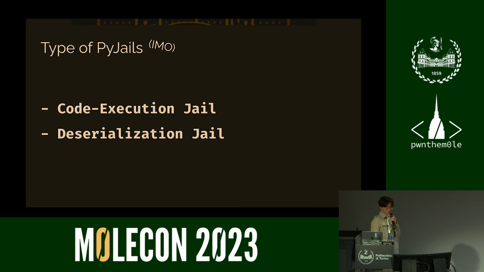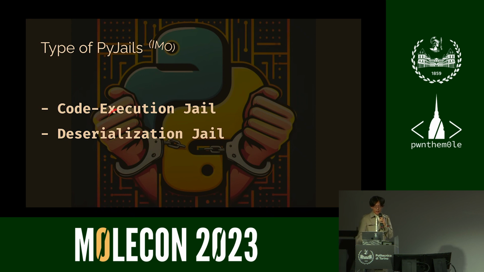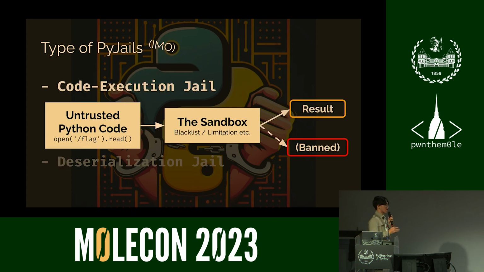Before we go into the details, I would like to categorize PyJails into two types. This is just my opinion. I would say there is the code execution jail and the deserialization-based jail. The code execution jail is a pretty common type of PyJail, just like the previous example at the start of my talk.